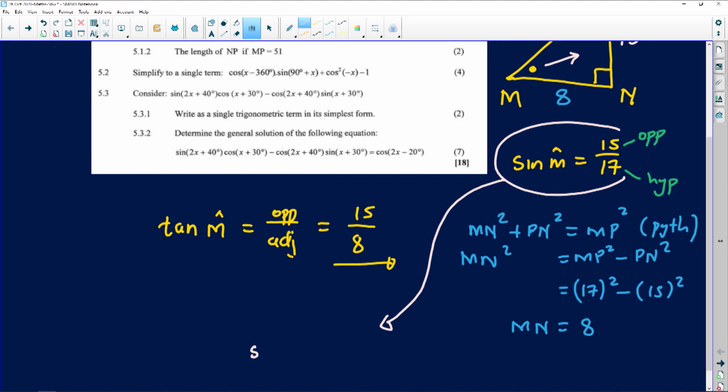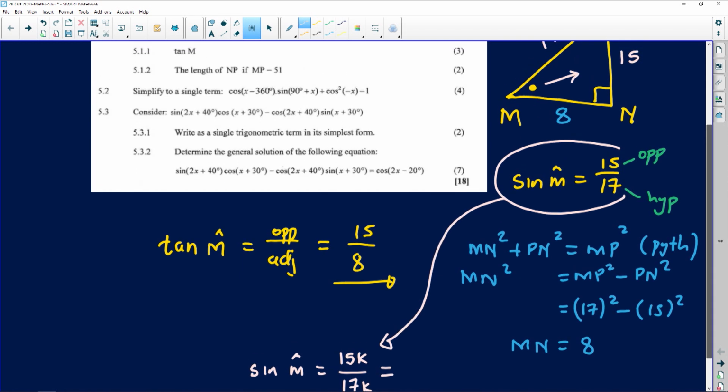If you work out the sine of angle M, and you get that the answer is 15 over 17, it is because this was 15 times some variable divided by 17 times some variable. We don't know what the actual length of those sides are. Like I said, sine is opposite over hypotenuse.